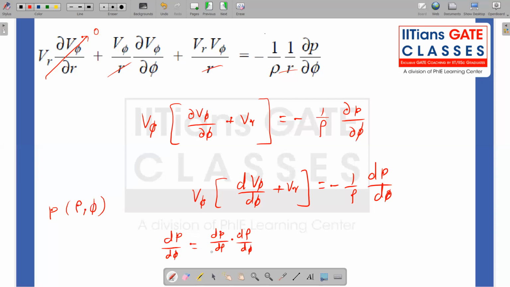And what is dP/dρ? It should ring a bell. dP/dρ, we already saw while discussing the speed of sound. The moment I take this as changing isentropically, dP/dρ is nothing but the speed of sound squared. So I can write dP/dφ as a² times dρ/dφ. I am just using the definition of the speed of sound, right?